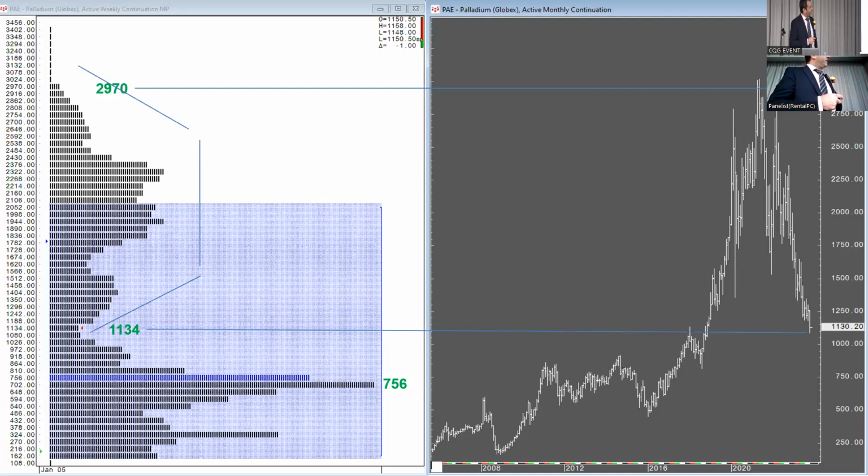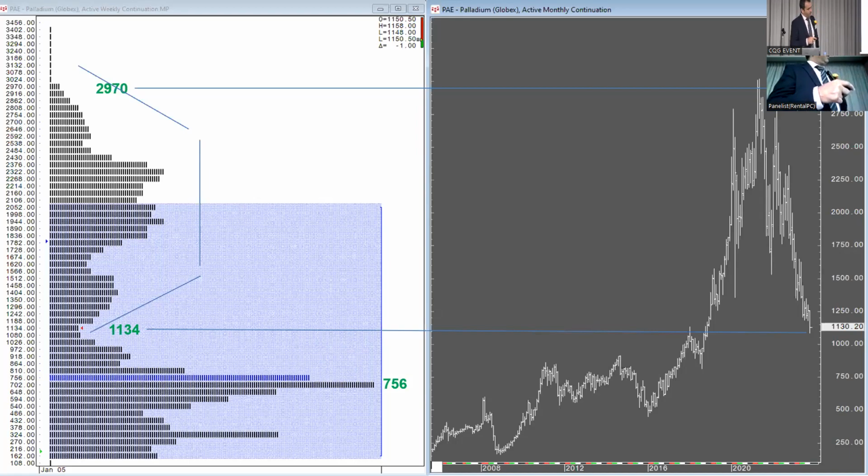It's not really completed, but it's about to either get rejected where we're at now and go back to the 756 area, or just go back up and complete that distribution. And you can see that on the chart.